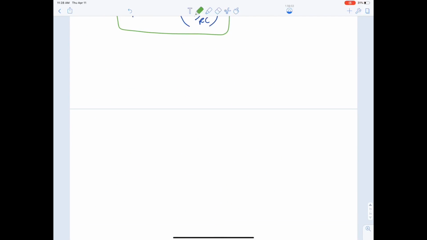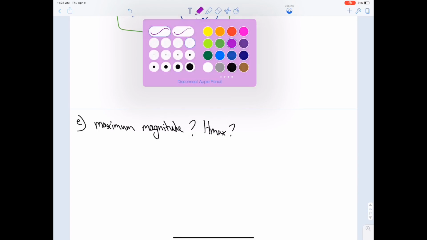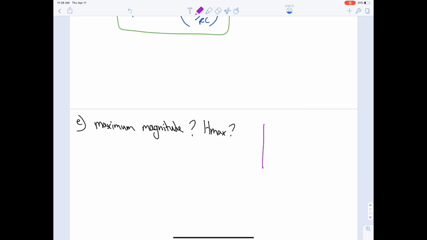Let's move on and find the maximum magnitude, H max. Do you remember what was my recommendation to you? Whenever you reach H max and omega c, plot the magnitude.